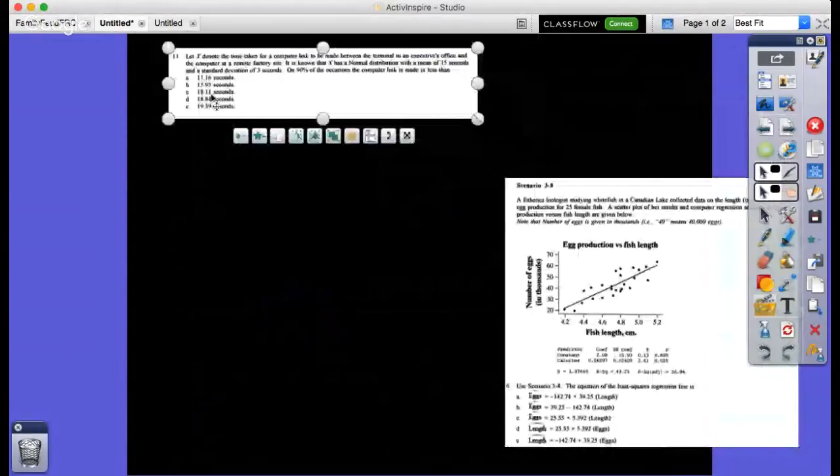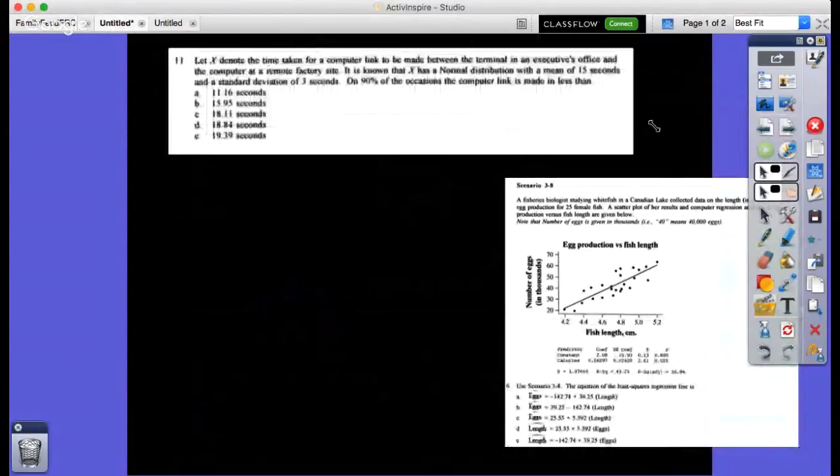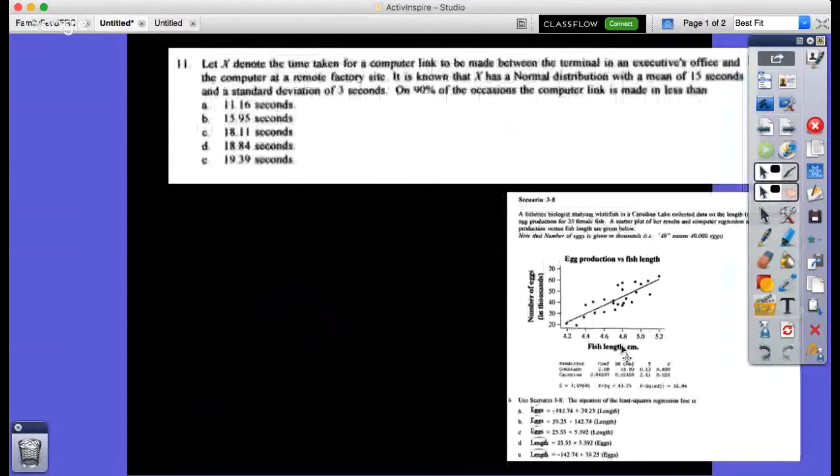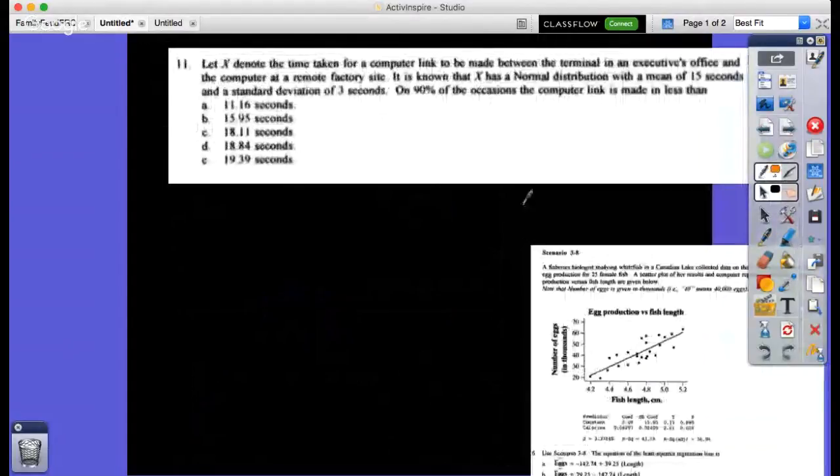Okay, number 11 says, let X denote the time taken for a computer link to be made between the terminal in an executive office and the computer at a remote factory. It is known that X has a normal distribution with a mean of this and a standard deviation of this. On 90% of the occasions, the computer link is made in less than that time, okay? And it's trying to find that, right?